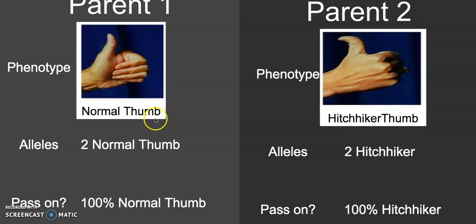In this case, we know that normal thumb alleles are dominant. Parent 2's hitchhiker's thumb is, as we'd expect, the result of two hitchhiker alleles, because they need two hitchhiker alleles to have a hitchhiker's thumb since it's a recessive trait. So parent 1 is only going to pass on normal thumb alleles, and parent 2 is only going to pass on hitchhiker alleles.